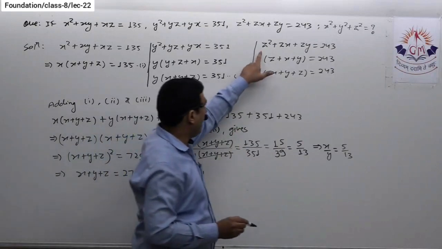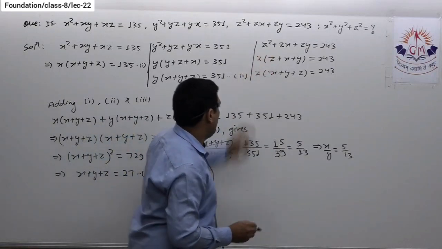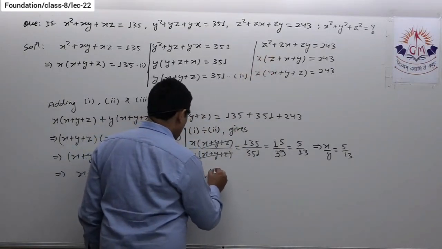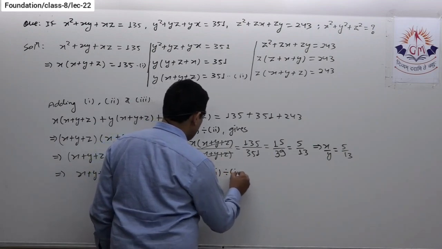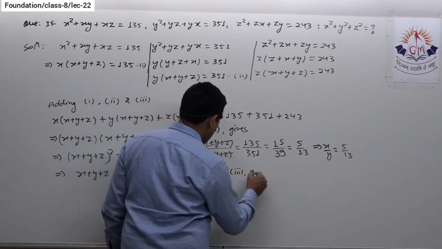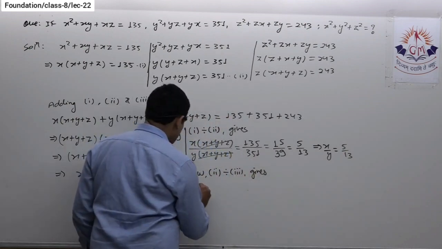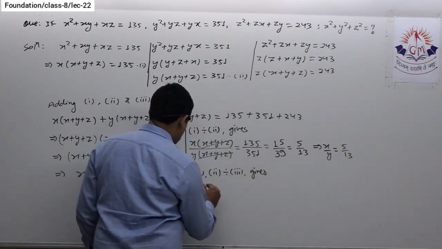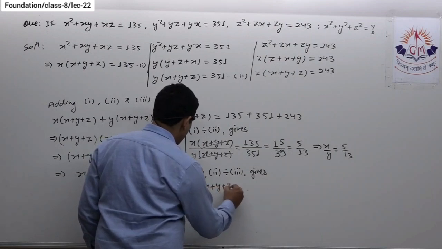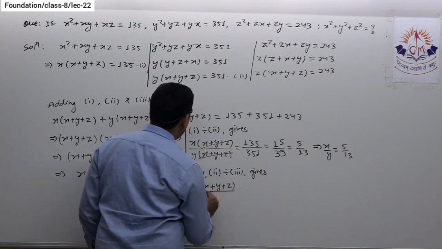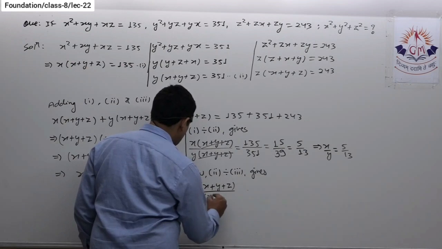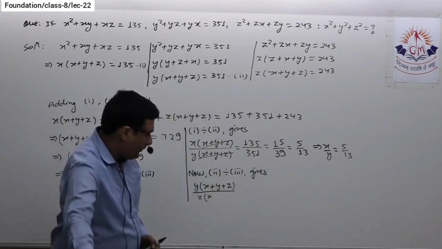Now if I divide second upon third, what is this going to give me? Second is y times (x plus y plus z) divided by z times (x plus y plus z).